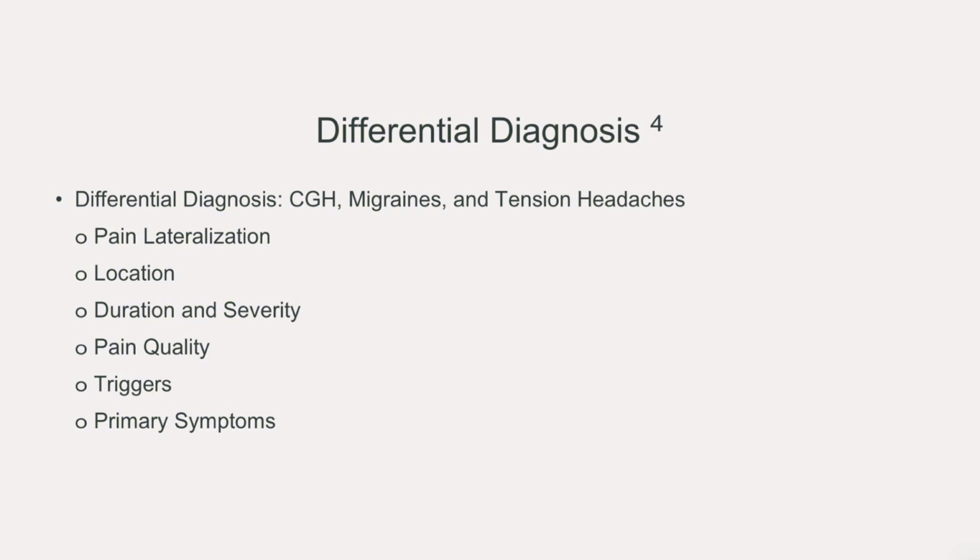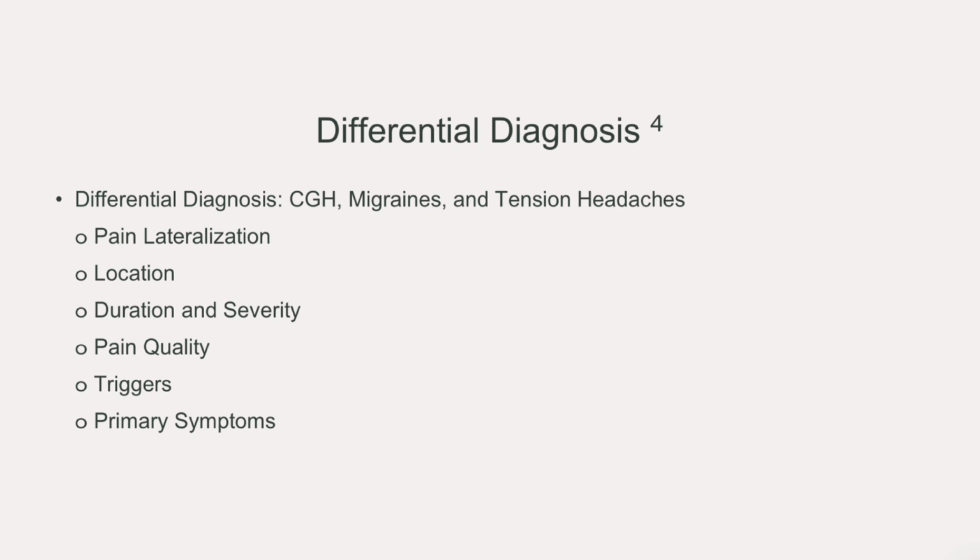The location of cervicogenic headaches is typically in the occipital to frontoparietal and orbital regions of the head, while migraines are frontal, periorbital, and temporal regions, and tension headaches are diffuse throughout.